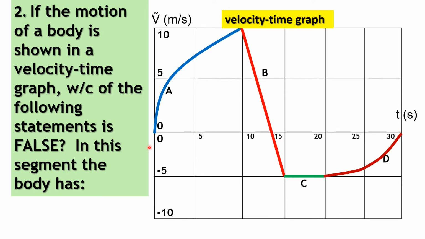It is 0. Okay? 0 as our final velocity at time 30 seconds. What is the initial? The initial velocity is negative 5 meters per second. So if we get the difference, 0 minus negative 5, we get a positive value for delta V, which is positive 5 meters per second.